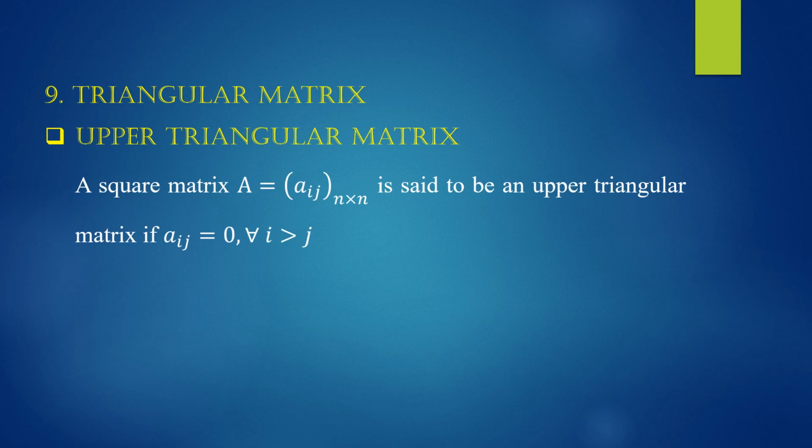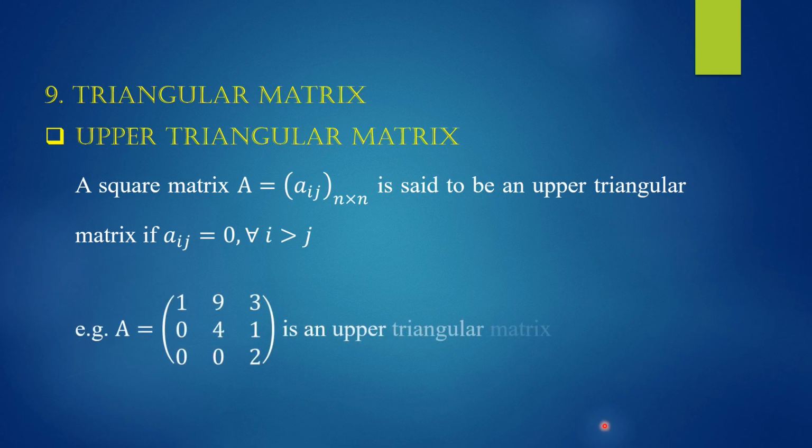You see here the example is this A equal to this one. Very simple, it is a square matrix, because before being an upper triangular matrix it should first be a square matrix. This is the principal diagonal and below the principal diagonal, this is a21, this is a31, this is a32. So i is greater than j.